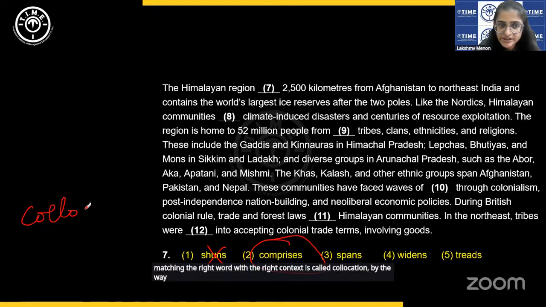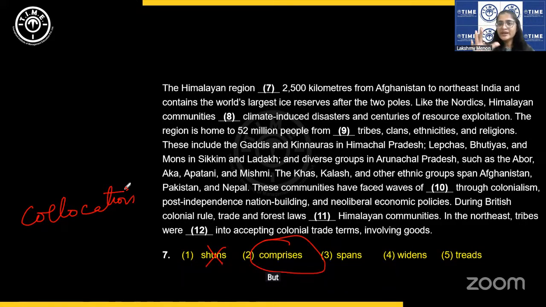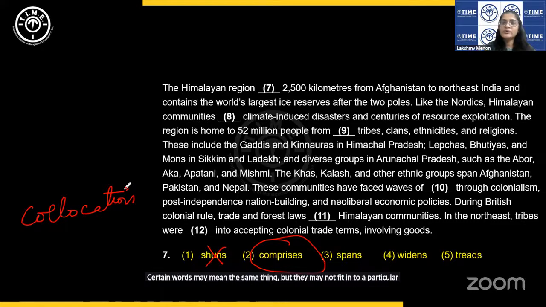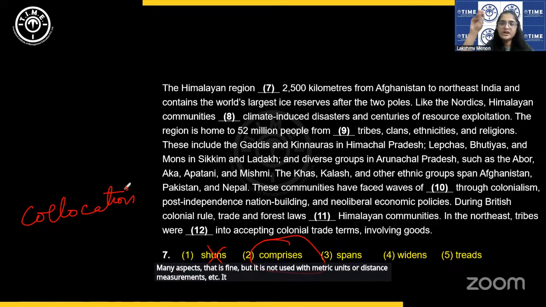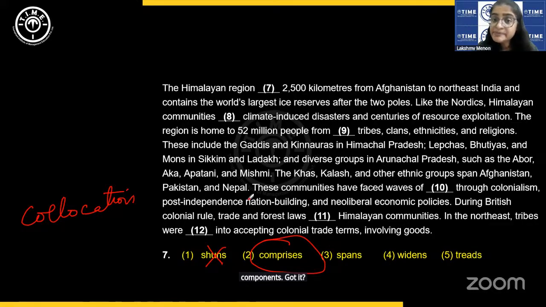It is not really necessary for you to know this word for cloze test, but collocation is certain words may mean the same thing, but they may not fit in to a particular context. Now, something comprises many aspects, that is fine, but it is not used with metric units or distance, measurements, etc. It's used for individual components. Got it? So, spans. Spans 2,500 kilometers.